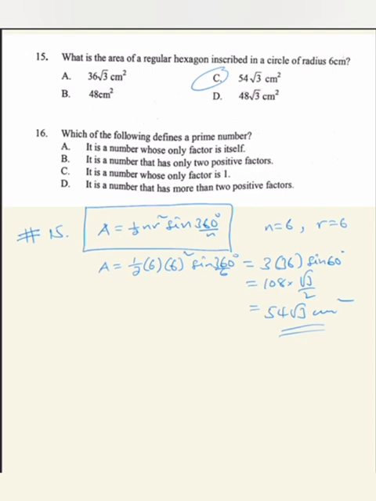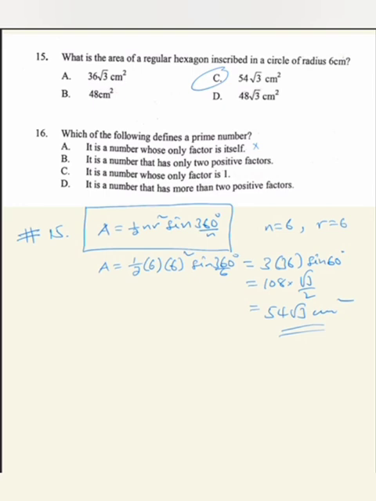ወደ 16ኛ እንሄዳለን. 16ኛው ጥያቄ ላይ ስለ number system ነው. Which of the following defines a prime number? A ላይ ምንድነው ያለን? It is a number whose only factor is itself. ይሄ አይደለም, አንድም ፋክተር መሆን ይችላል. ማንኛውም ፕራይም ነምበር ሁለት ፋክተር አለው, ነምበሩ ራሱ እና አንድ. So A አይሆንም.